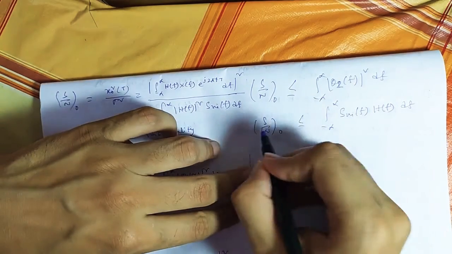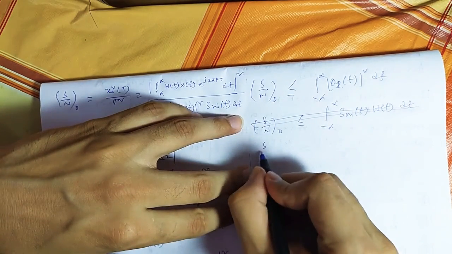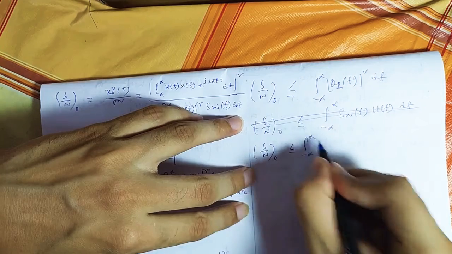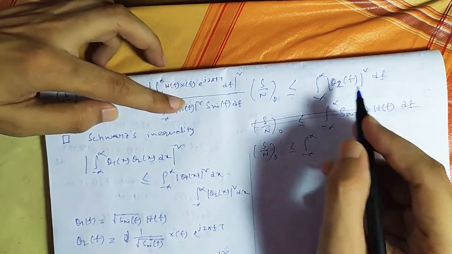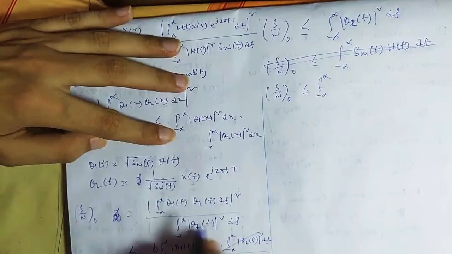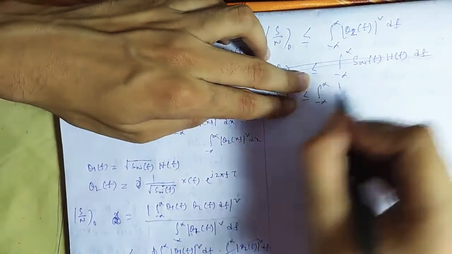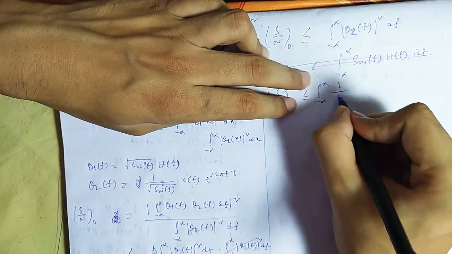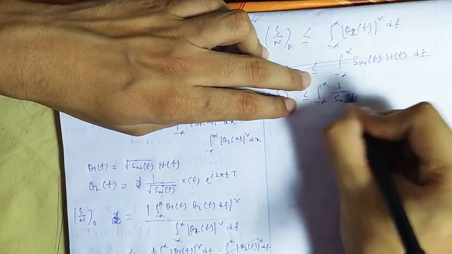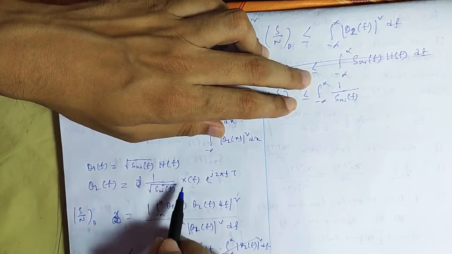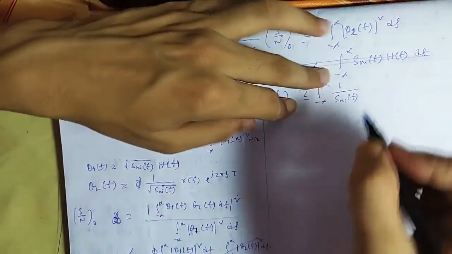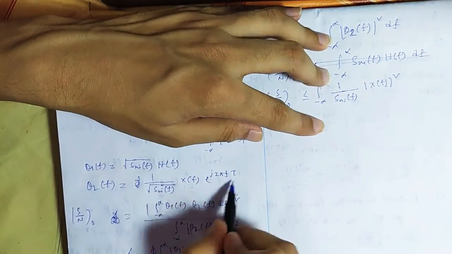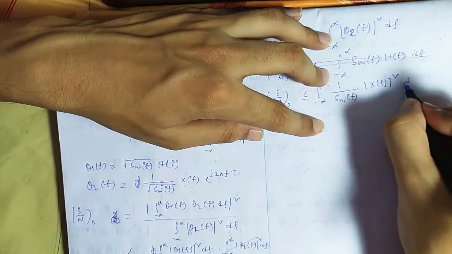The absolute value square of theta 2 will be 1 by S_ni(f). Then the absolute value square of X(f), and the absolute value of this one is 1, so this will be 1.